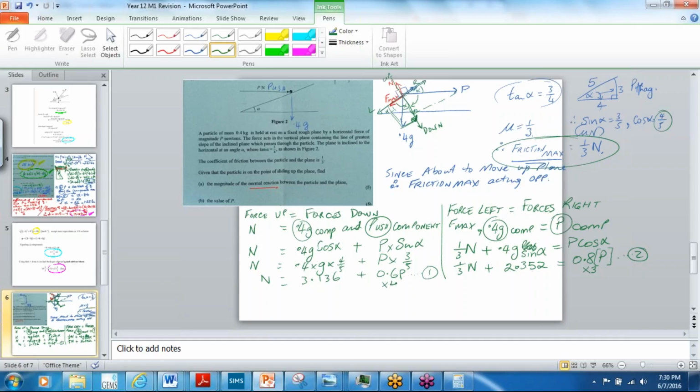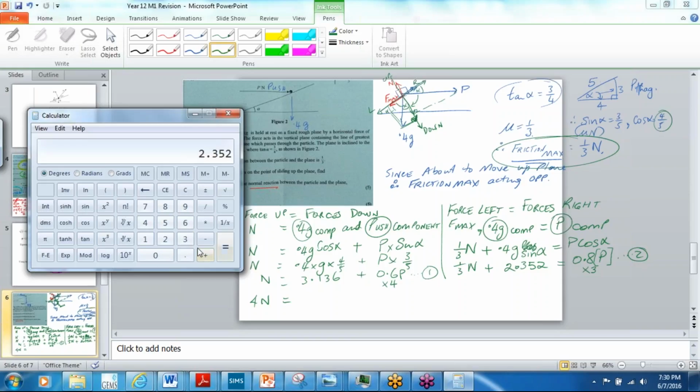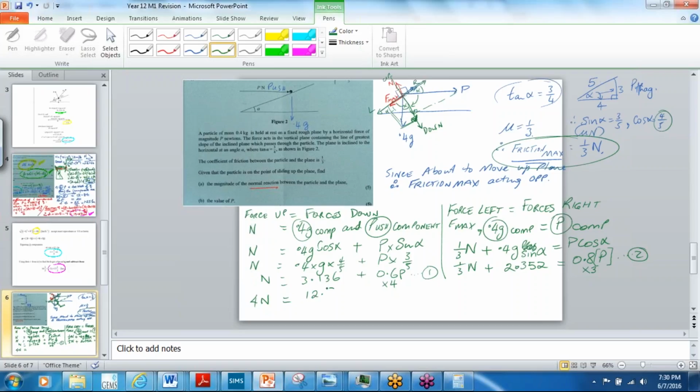If I times that by 4, I'll get 2.4. So let's multiply this whole equation by 4. We'll get 4N, 3.136 times that by 4, 12.544 plus 2.4P. That's our new equation 1.